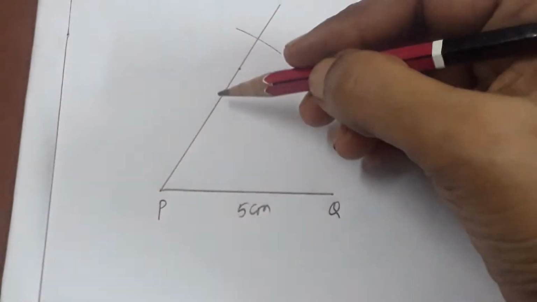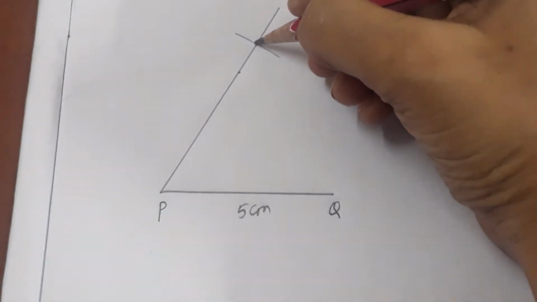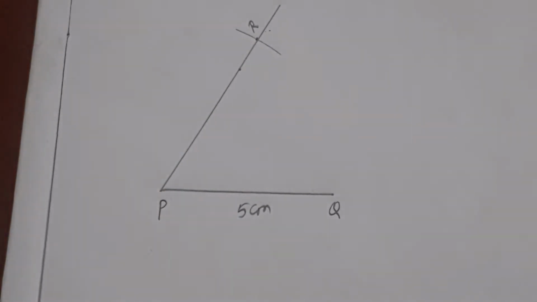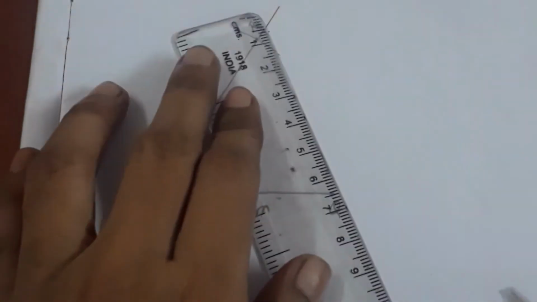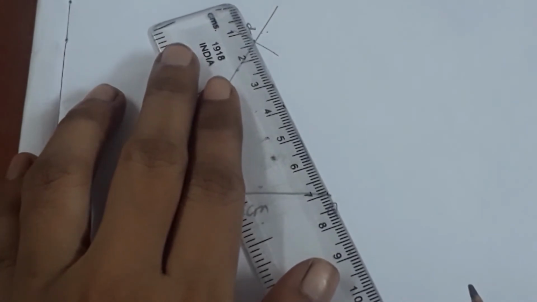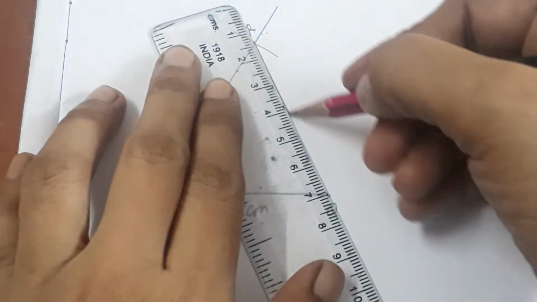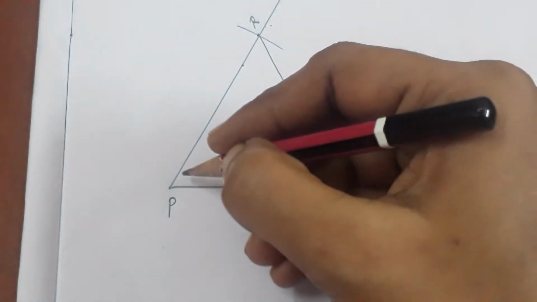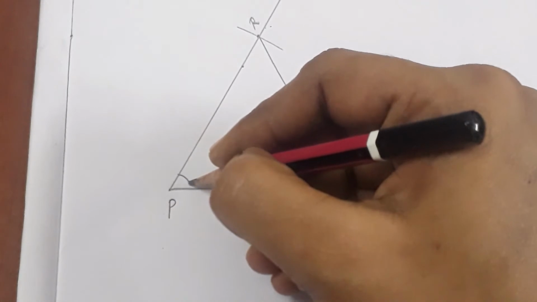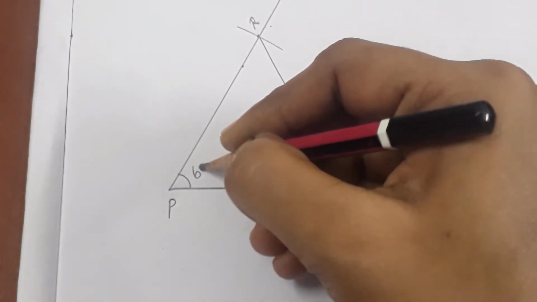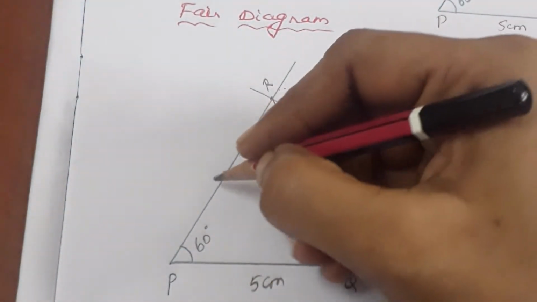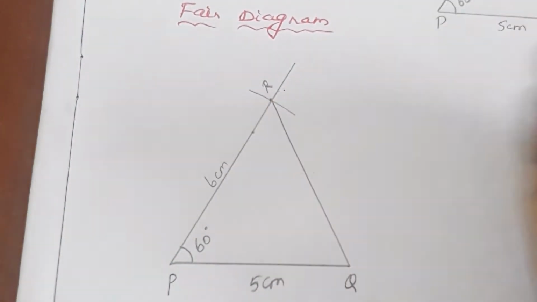So this arc and this line will intersect at one point. So this point is known as R. Now we are going to join R and Q. That's all. This is our triangle and then don't forget to put 60 degree here. So write 60 degree here and then the length of PR is nothing but 6 cm.